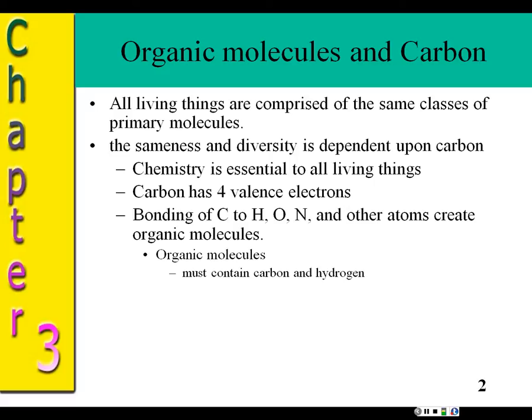So it just can't have carbon and oxygen, okay? It has to have carbon and hydrogen in the molecule in order for it to be considered organic or living material. So the carbohydrates, the lipids, the nucleic acids, and the proteins all contain carbons and hydrogens.